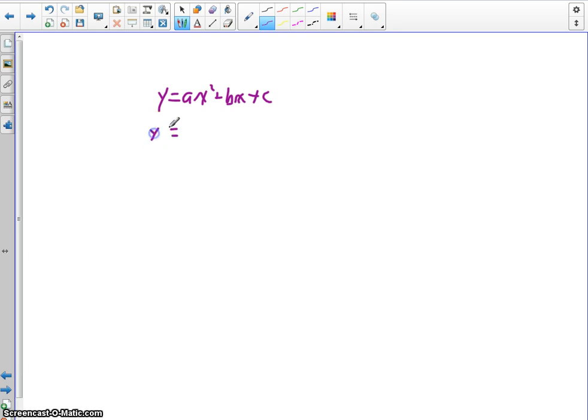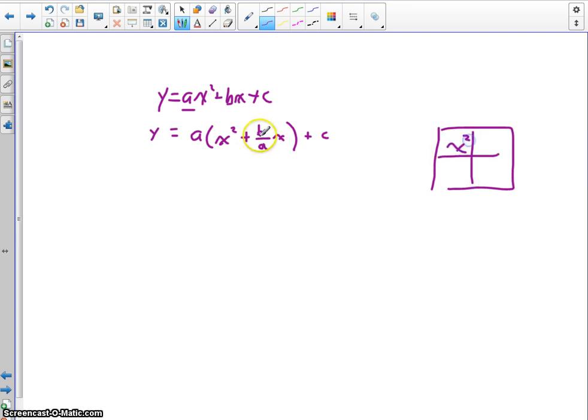You can imagine if I was going to start completing the square here, I would factor the a value out of both of these terms, so I'd have x squared left, and I'd have to divide the b by a. Then I have to try and complete the square with this. So I'd have x squared, and b over a, if I split that in half, would be half of b over a, or b over 2a.